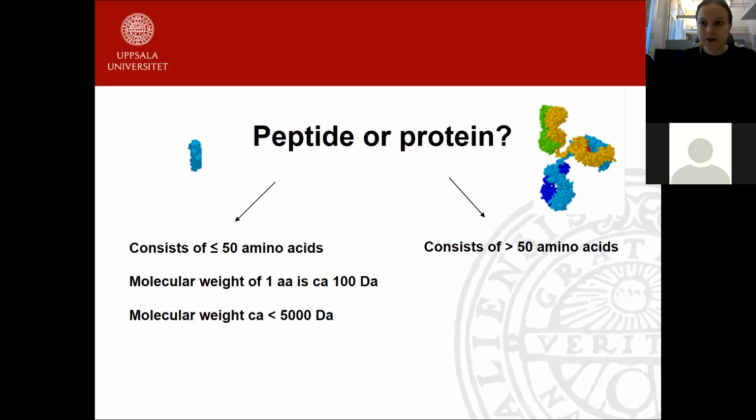Okay, good. So I'm pretty sure that you know some things that we will discuss at this lecture, but I just want to give you a short description of what a peptide is and how it differs from a protein. So both peptides and proteins consist of amino acids, but peptides are shorter fragments.